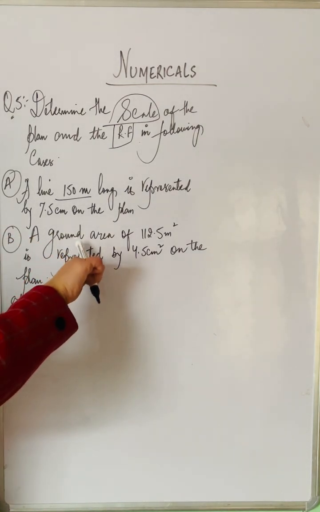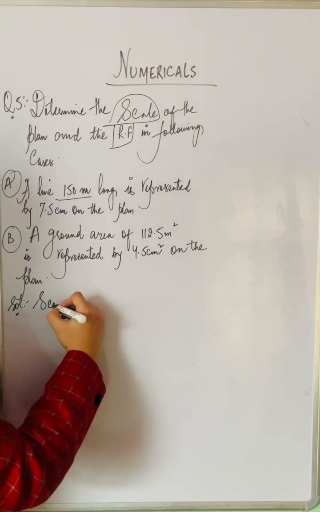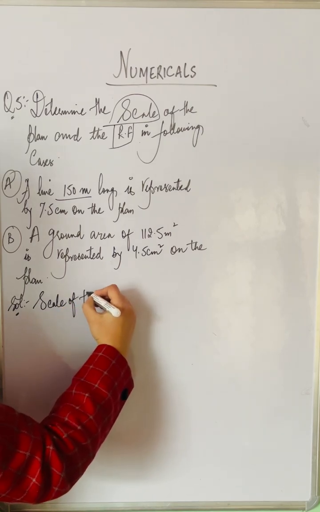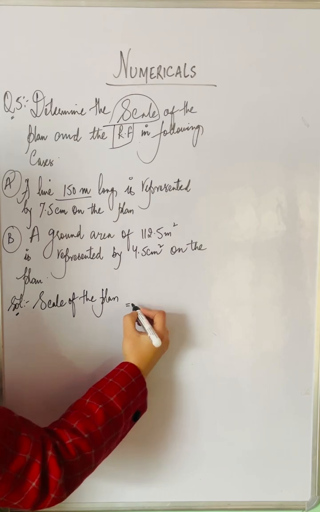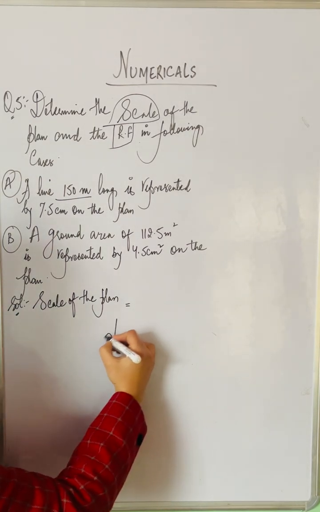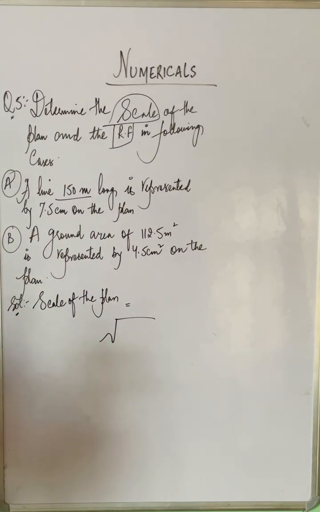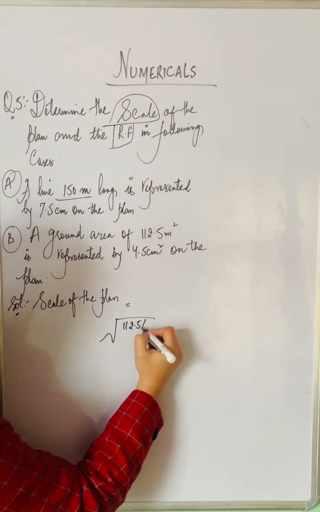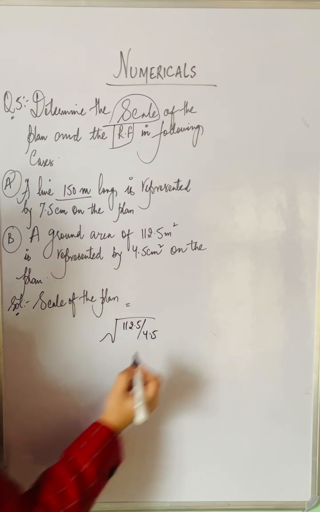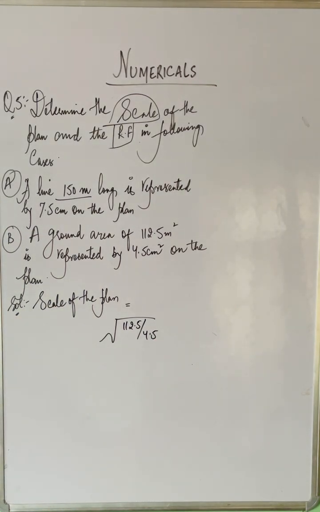The scale of the plan is the square root of the ratio, as length of a ground area of 112.5 square meters is represented by 4.5 square centimeters on the plan.